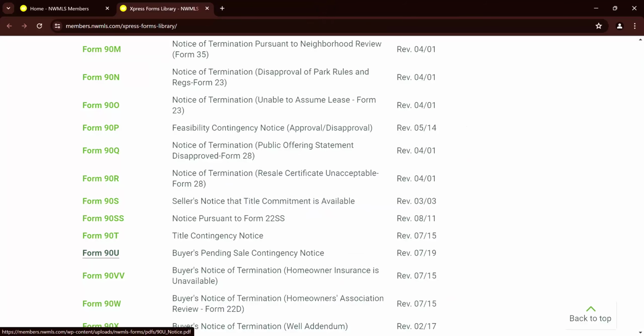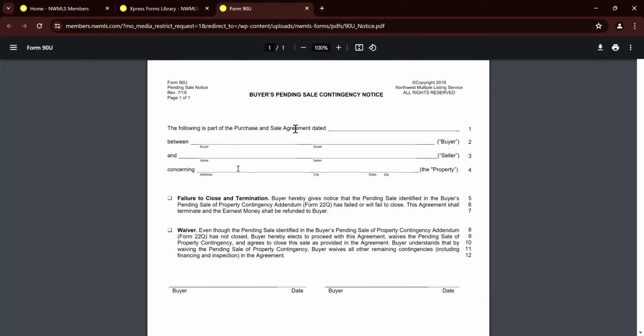90U is buyer's pending sale contingency notice. Here's the failure to close and termination. Buyer hereby gives notice that the pending sale identified in buyer's pending sale of property contingency addendum form 22Q has failed or will fail to close. This agreement shall terminate. The earnest money shall be refunded to buyer along with the form 50. Or here's the waiver.